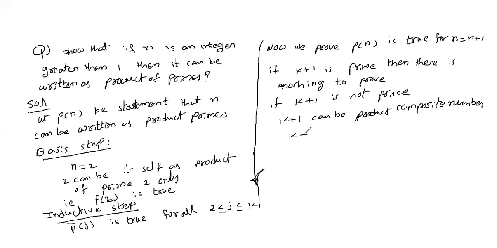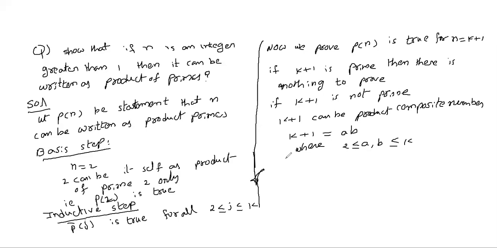So now k plus 1 is equal to a times b, where a and b are between 2 and k.